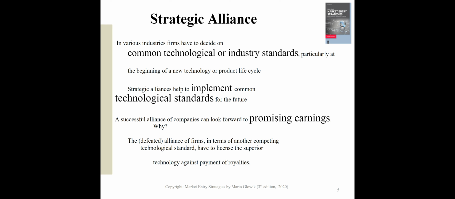Prominent members of the Blu-ray alliance are Sony, Panasonic, Philips, Samsung, LG Electronics, and other firms. And finally, Toshiba had to give up the DVD technology and had to join the Blu-ray technology, so against payment of royalties.